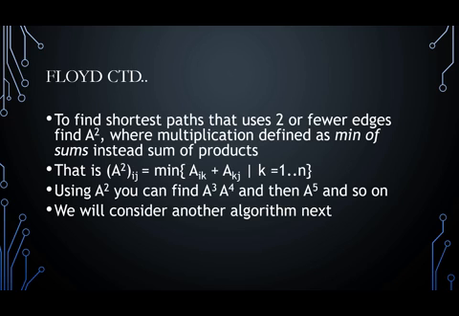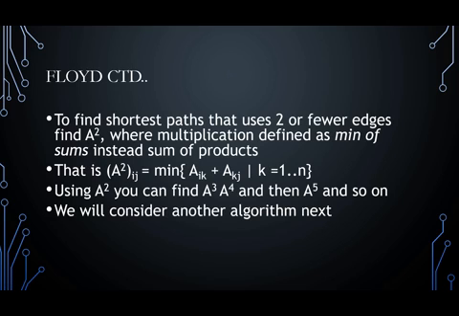To find the shortest path between all the pairs, we make use of the cost adjacency matrix A and try to find the next matrix A2. We don't call it A square, we call it A2.